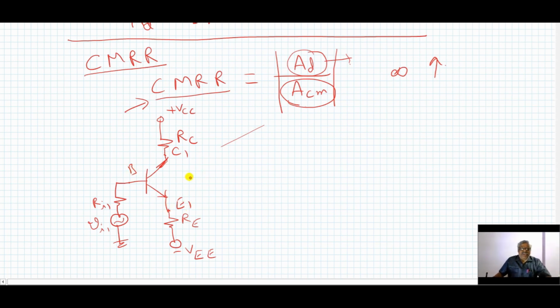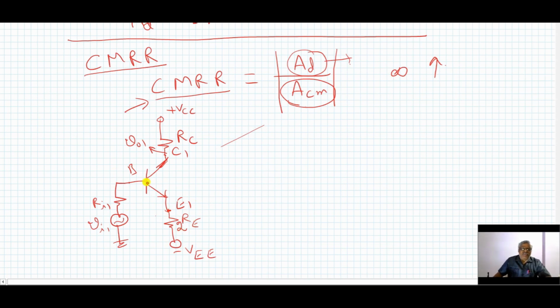Assume that I am considering the first transistor, and the voltage here is V01. The input is Vi1, and the current flowing through this RE is 2IE. So to obtain the symmetric operation, here we have to take 2 times RE. Then only the potential at the emitter will be maintained. Otherwise we get wrong values.